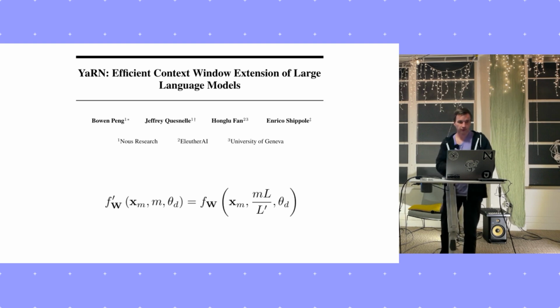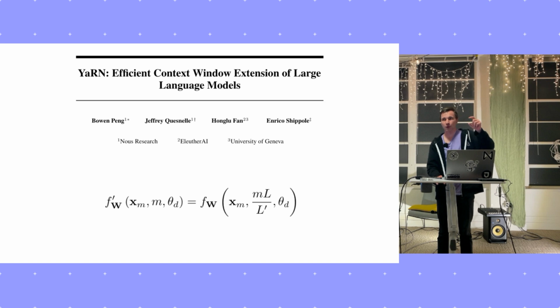Before the equal sign is how RoPE is usually computed: you have the input token, the position in the sequence, and the frequency. They say, if our old maximum was L prime and our new maximum is L, then instead of feeding the current position, we feed the position times old divided by new.